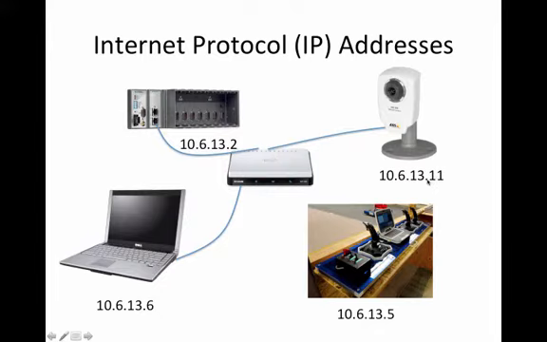So each component has the same beginning part of their IP address, but each one has to have a different device number right here. And this is how the components communicate amongst each other. So if the computer needs to communicate with the camera, it's going to send a message that will have a header inside of it, 10.6.13.11, whereas if it was communicating with the C-RIO, it would use this IP address.